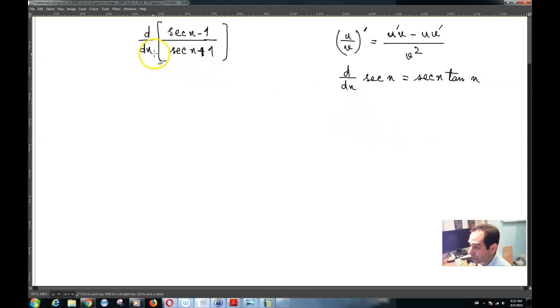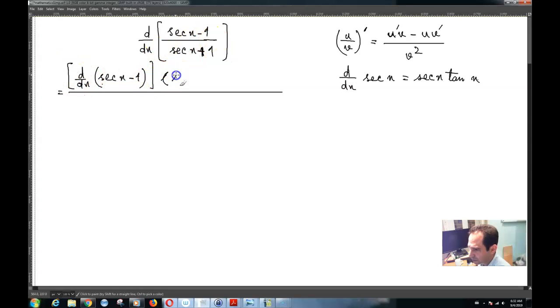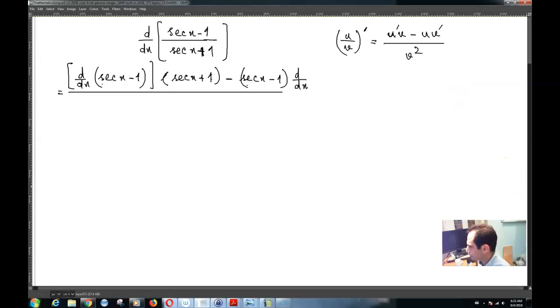So then I can write this as d by dx of secant x minus 1 times the second function, which is secant x plus 1, minus the first function, which is secant x minus 1 times d by dx of the second function, which is basically secant x plus 1, over secant x plus 1 whole squared.